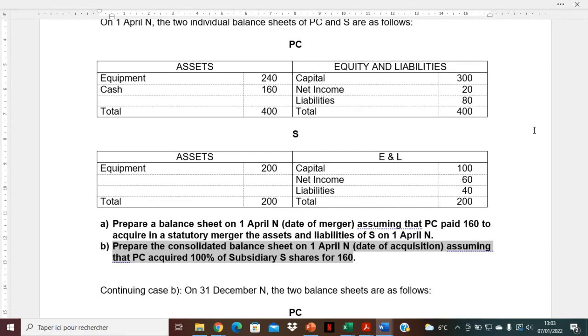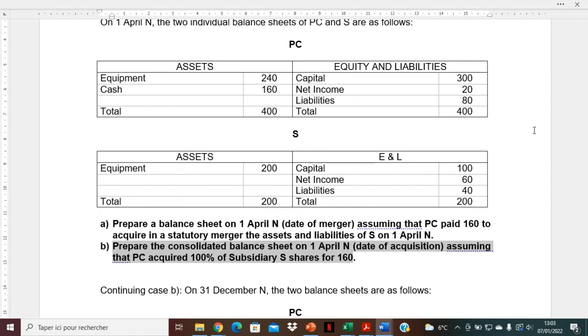So here my first comment is, okay, we prepare here balance sheet as of April 1st, but that is only for, let's say, pedagogical purposes. In real life, we would not prepare a balance sheet or consolidated financial statements on April 1st. We would prepare them, well, not at the acquisition date anyway.